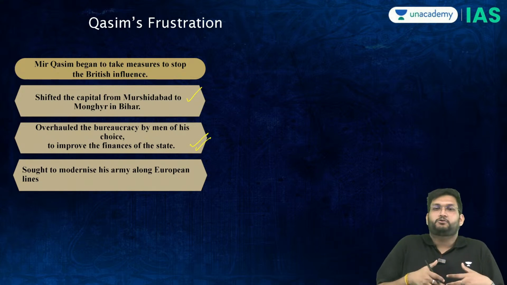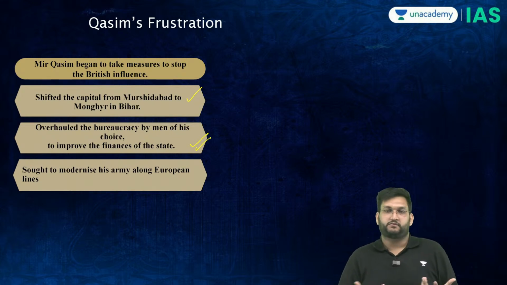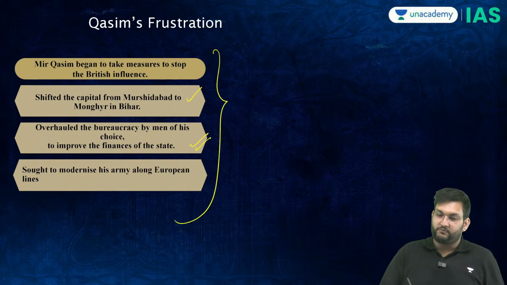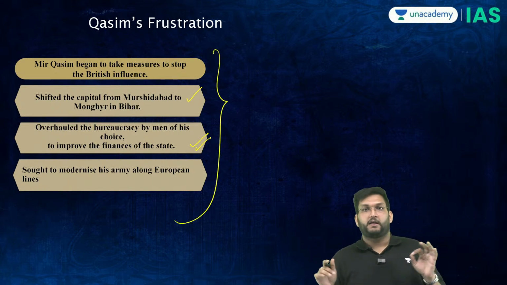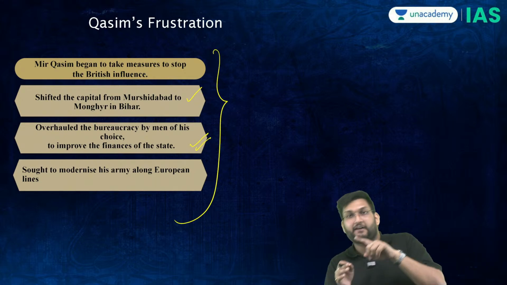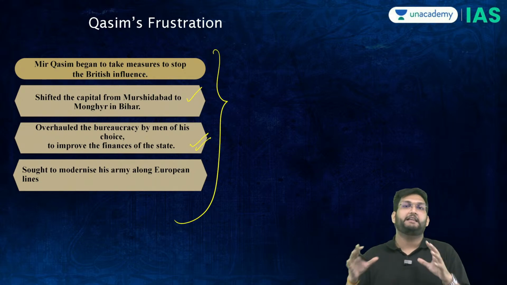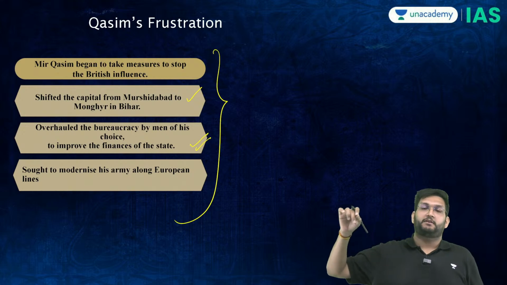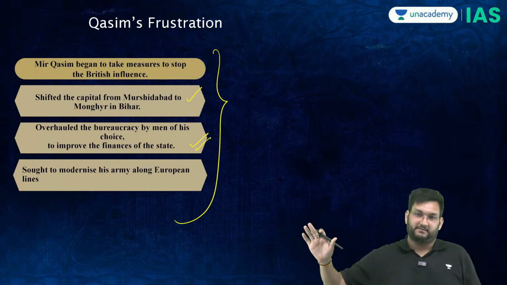He tries to modernize his army, does not have the resources for it, but he will then do something which was a no-no for the British. The advantage which the British had vis-a-vis the other traders in Bengal was that British traders did not give any form of taxes.